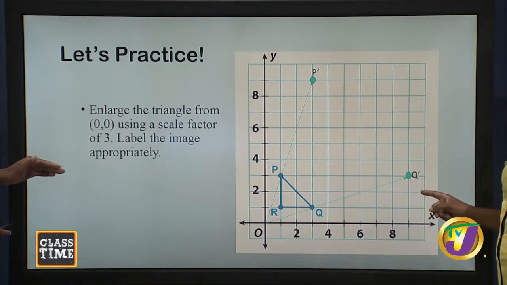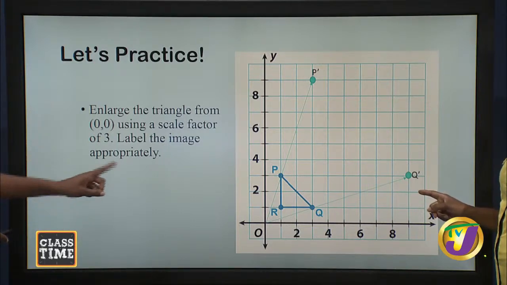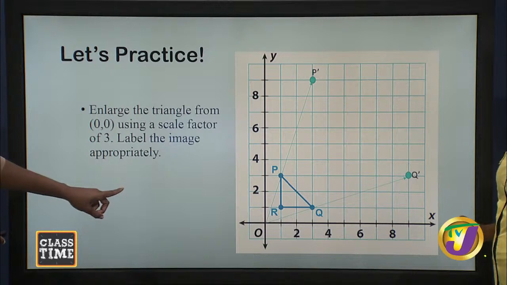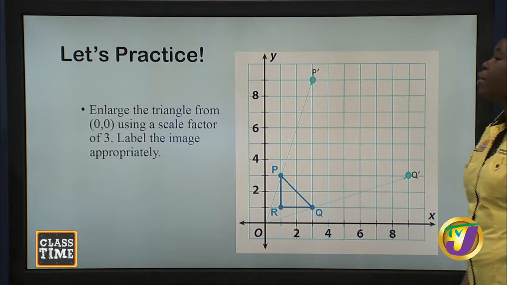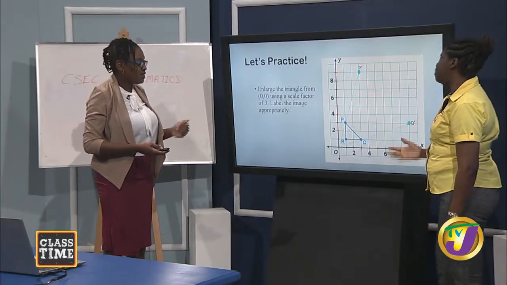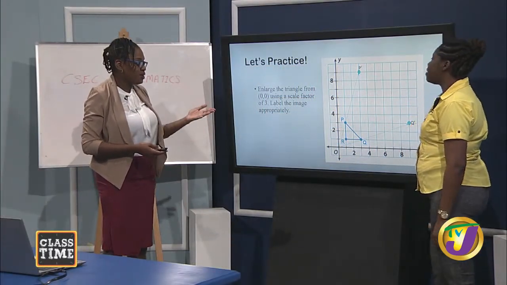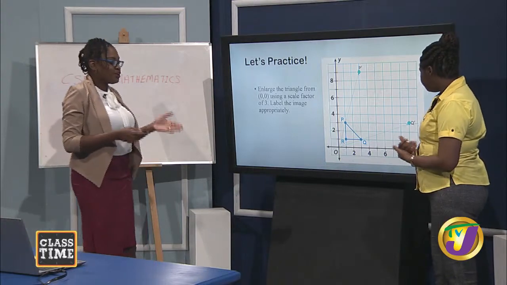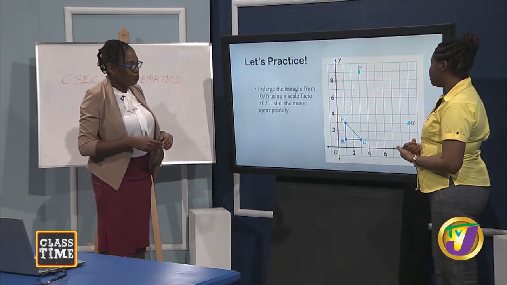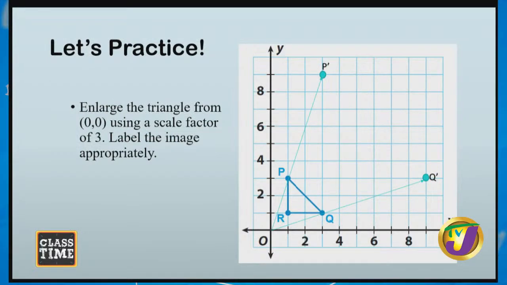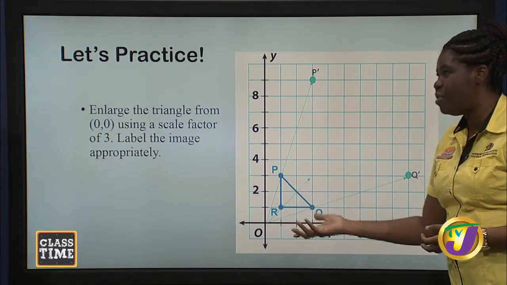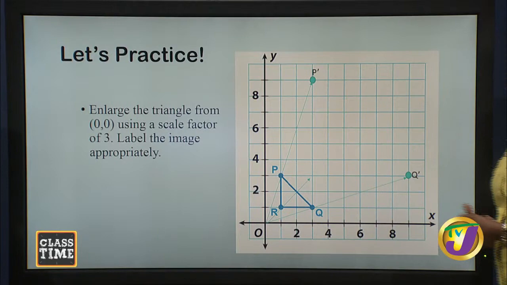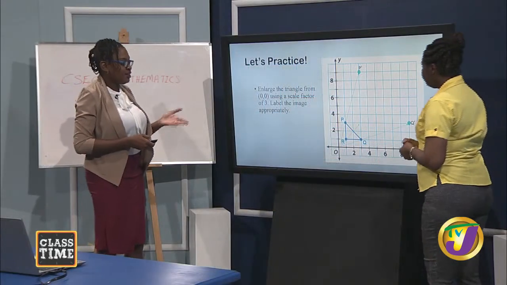So I can tell that for point Q, the Y coordinate would have been 1. So the same thing is happening: I multiply the 1 by the scale factor of 3, which gives me 3. So therefore, the coordinates of Q prime would be 9, 3. Awesome. All right, so finally, let's look at R.